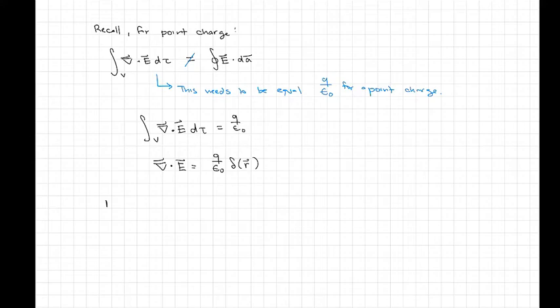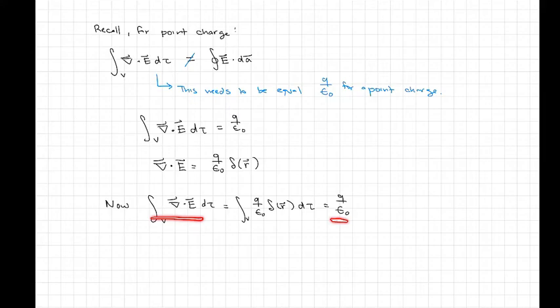Now, if I say that's true, when I evaluate this volume integral and substitute in what I just said it should be, it is in fact going to be equal to Q over epsilon naught. It feels like cheating, but what we've done here is create a math fix to make something that we know should be true actually true. We made the math work.